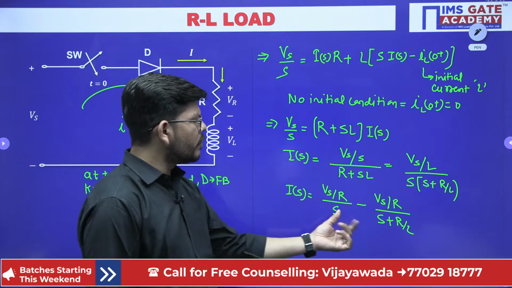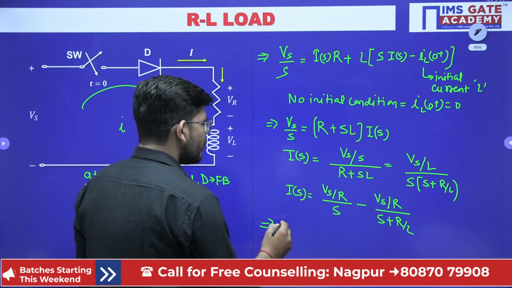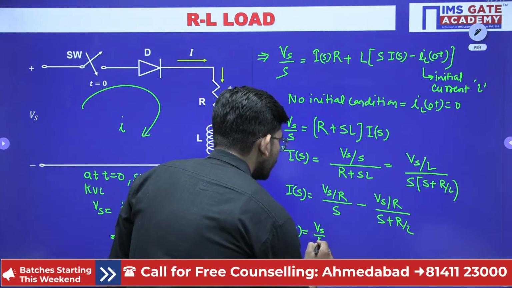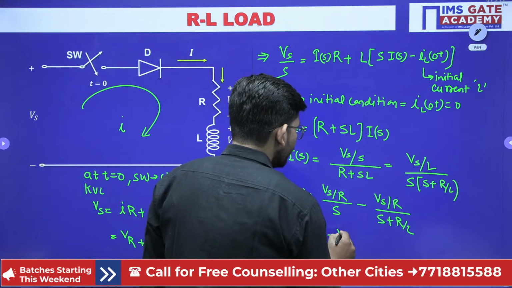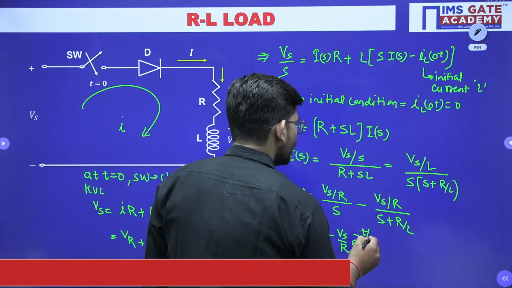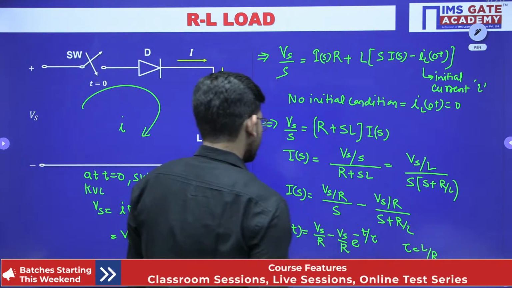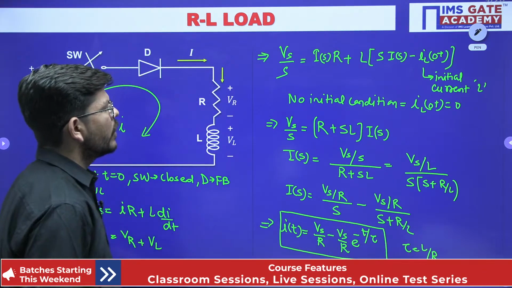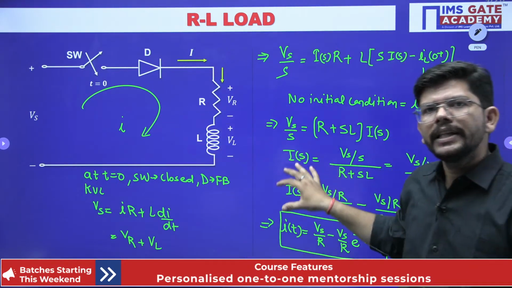So Is we have obtained like this. Now taking the inverse Laplace, my current i(t) becomes Vs over R times 1, since the inverse Laplace of 1 by S is 1, minus Vs over R times e to the power minus t upon tau, where I am considering tau to be L by R. Just as we did for the RC load, we applied the same steps here.